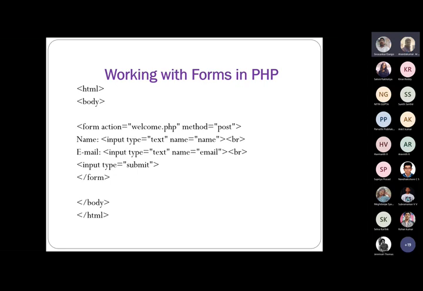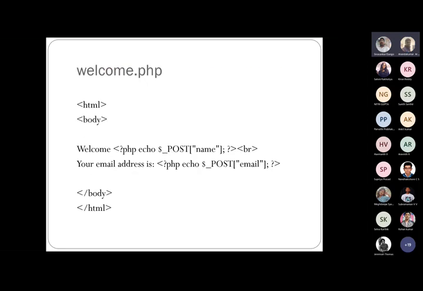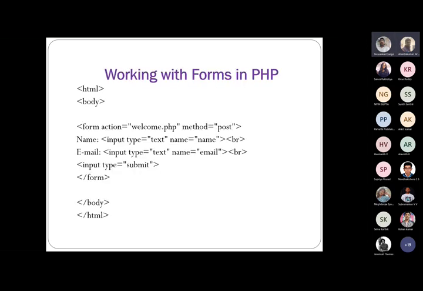You can also have input type equal to reset, whenever I need to clear the contents in the form elements. You have two types of methods: form method equal to post and form method equal to get. We'll study these two methods and how to work with these variables. Here the method is going to be post.